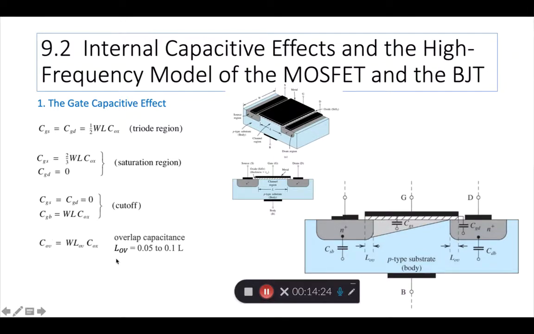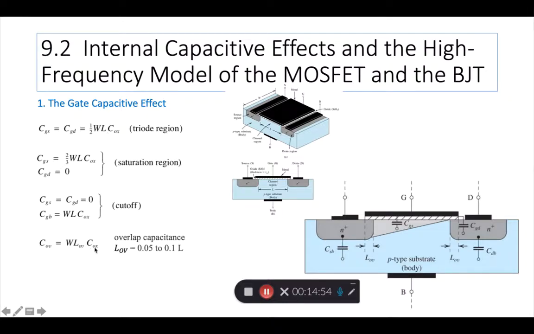Now there's one more called overlap capacitance, which is also important. This overlap capacitance has this formula W into L into COV. Now COX, remember, is capacitance per unit area, right? So W times L is area, so if you multiply that by capacitance per unit area, you get the total capacitance. That's the logic behind these formulas.